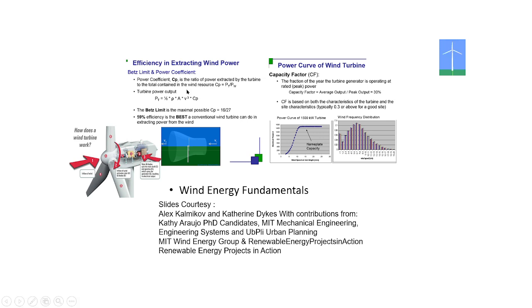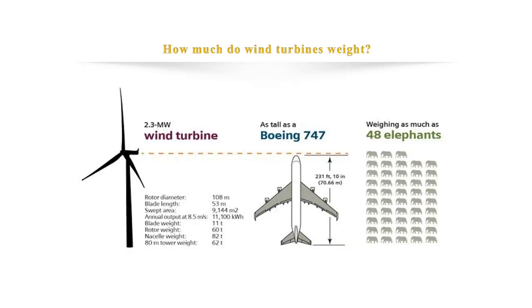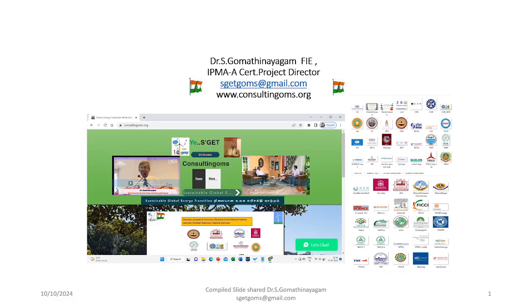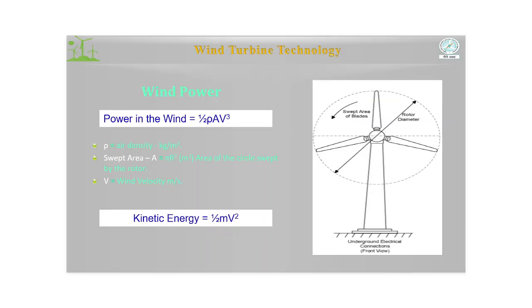Then this Betz constant limit and all that. The power is half rho A V cube into CP, the power coefficient, which depends on the tip speed ratio versus CP curve. You remember that tip speed ratio of the CP curve.